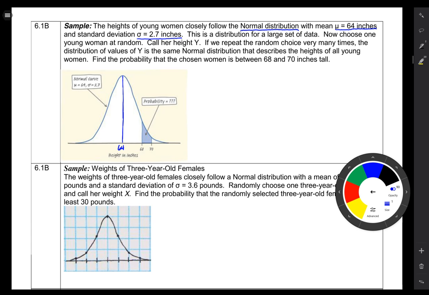That is a normal distribution. We are asked to find the probability that the chosen woman is greater than or equal to 68 and less than or equal to 70, so between 68 and 70 inches.